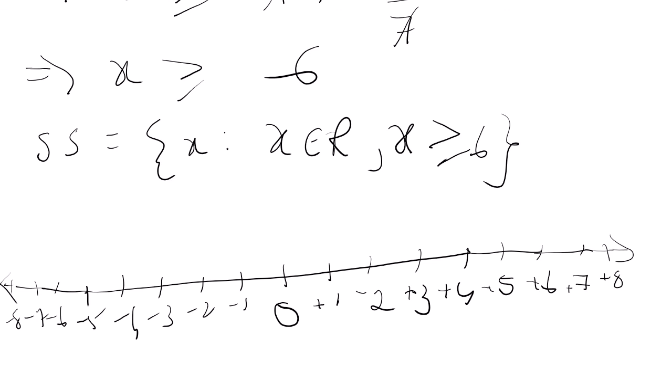Now here x is greater than or equal to 6. So values from 6 onwards. So you have to darken this. But this will be infinite, so you cannot close it here. That's why this arrow shows that it will continue. All the values on the other side belong to the solution set of this inequation.